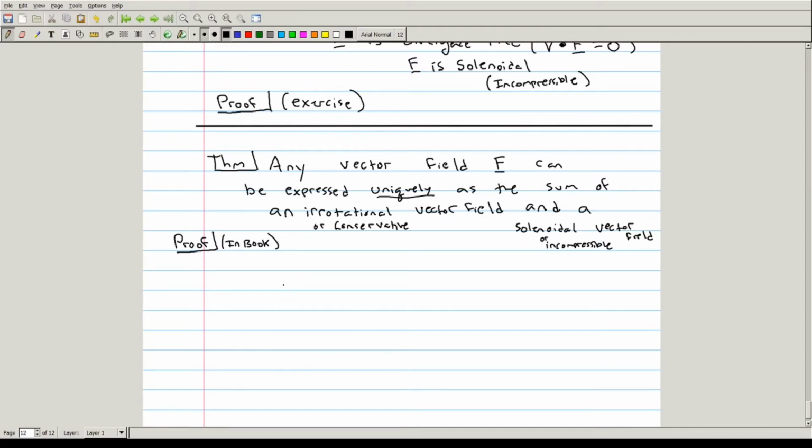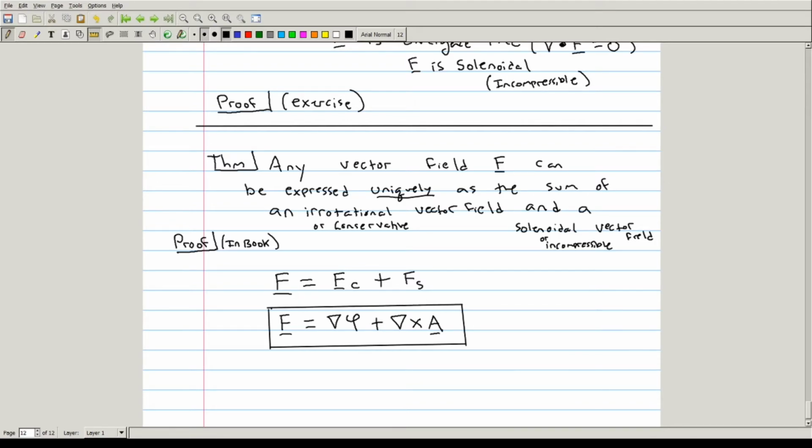And what this means is that for any vector field F, we can express F uniquely as the sum of two vector fields, a conservative vector field and a solenoidal vector field, which means that any vector field can be written as the gradient of some scalar potential phi plus the curl of some vector potential A. And this is essentially why these two operations are so important, and why these ideas are so important.